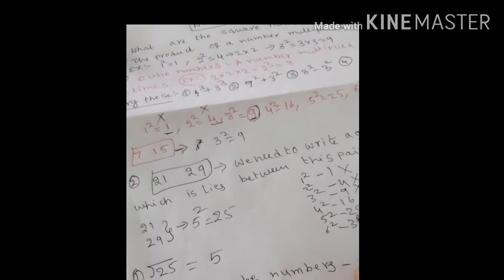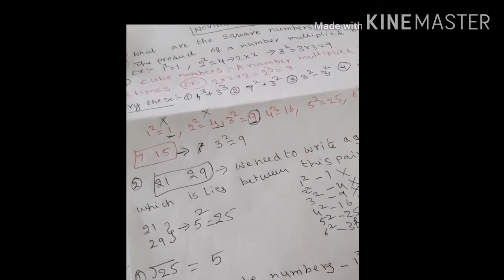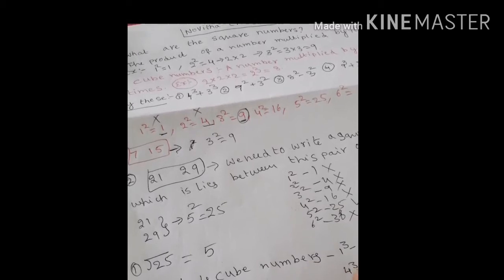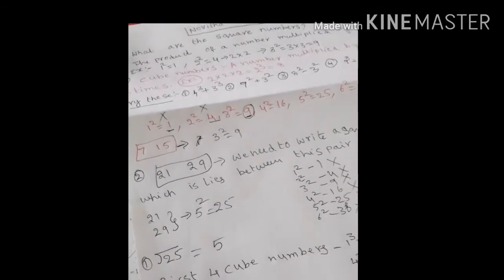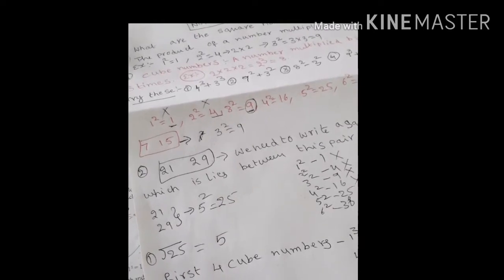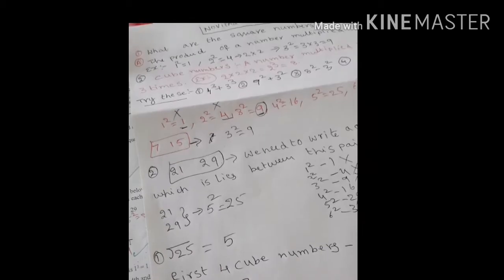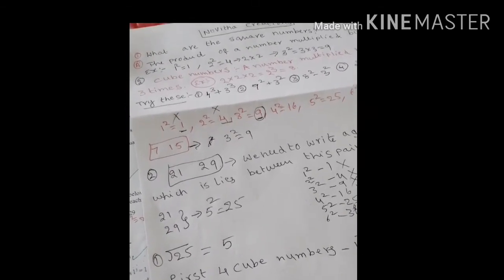So the first 4 cube numbers are, we know, 1 cubed equal to 1, 2 cubed equal to 8, 3 cubed equal to 27, 4 cubed equal to 64. You can check as well. 3 cubed: 3 times 3, 9. 9 times 3, 27. 4 cubed: 4 times 4, 16. 16 times 4 equal to 64.